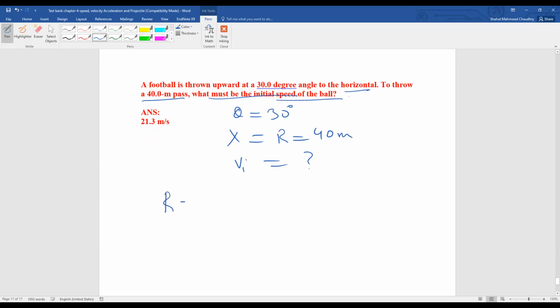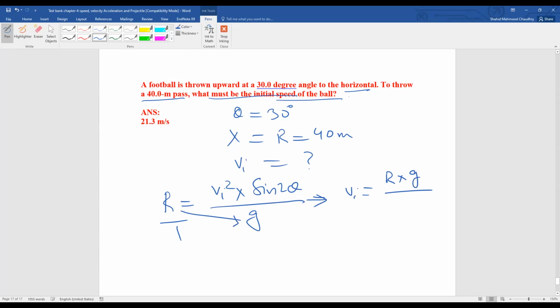You can solve it. R is equal to Vi squared into sine of 2 theta over g. So this implies that Vi is equal to the square root of R multiplied by g divided by sine of 2 theta.